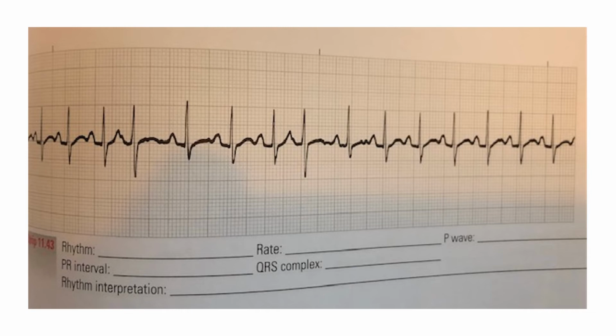Now looking at this rhythm strip, you have some premature beats. With these premature beats, we have to determine: is it a PAC, is it a PJC, or is it a PVC? Well, it's not a PVC because the QRS is normal. A PVC would be a wide QRS. Then we have to look to see if there's a P wave or an inverted P wave.